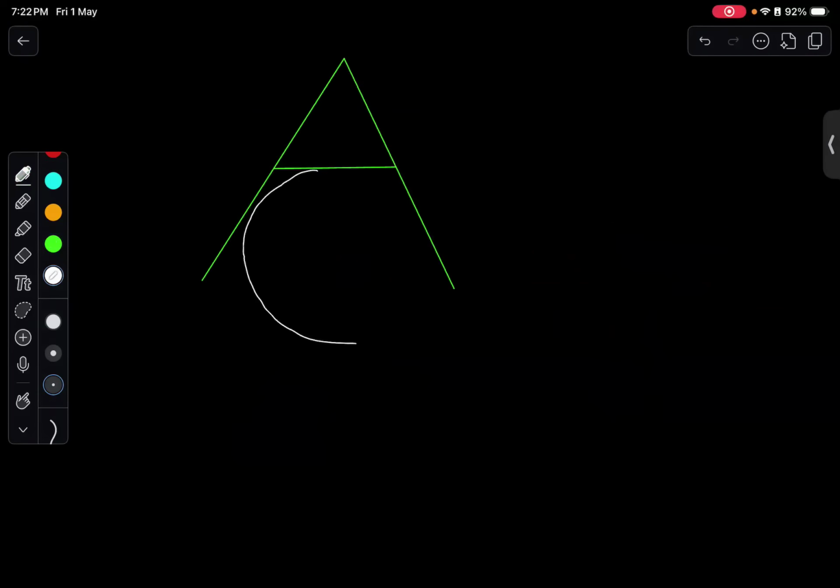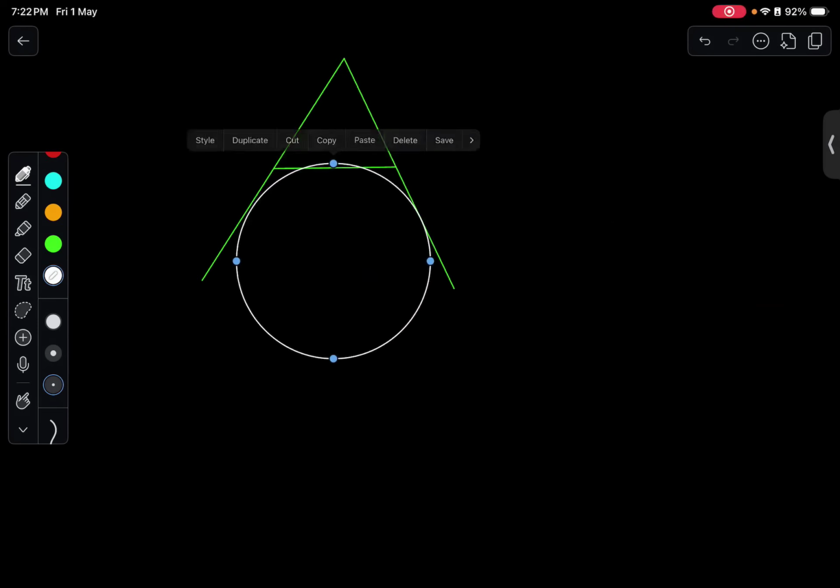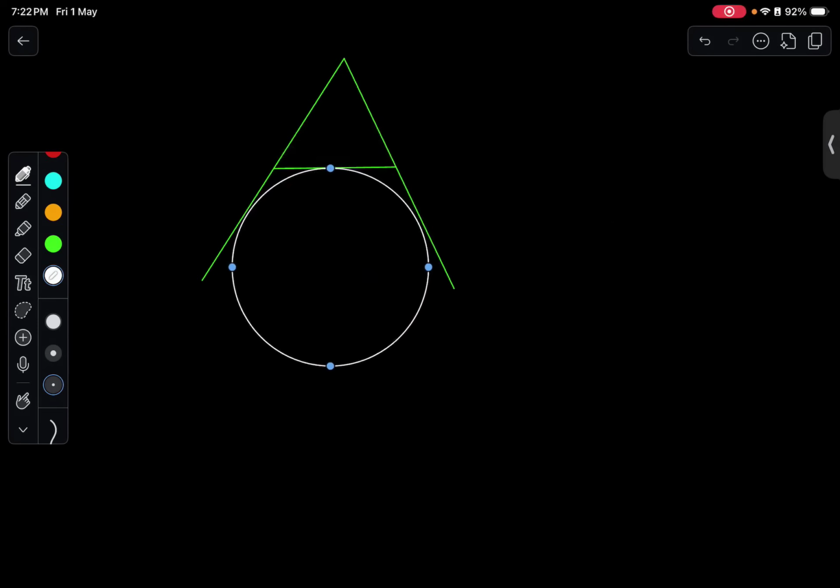See, this is the triangle. Excircle means the circle that touches these three sides, the external side of the triangle, right?